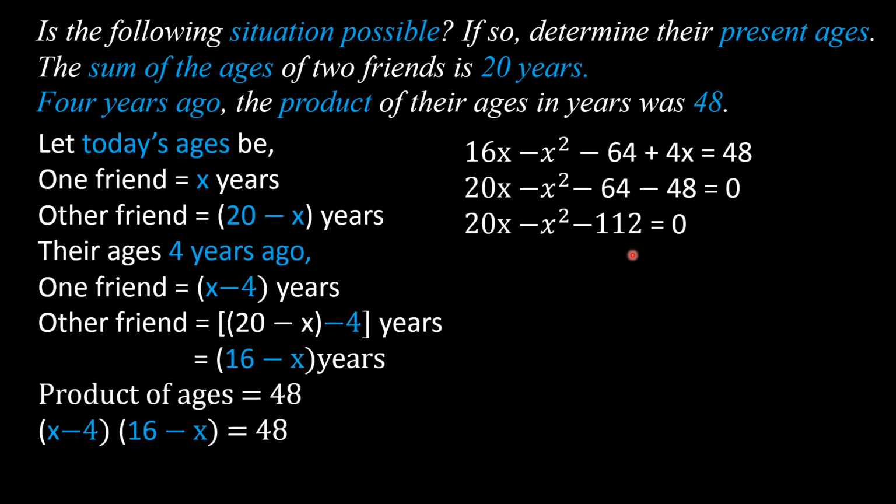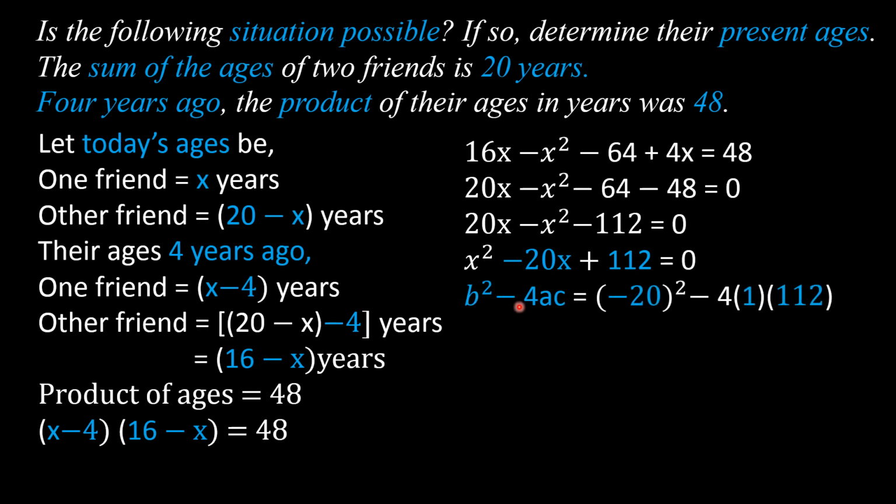We will rewrite this quadratic equation. It will be x squared minus 20x plus 112. Now we will find the discriminant b squared minus 4ac, which will be b is minus 20, a is 1 and c is 112.